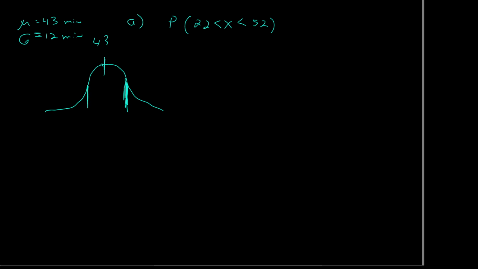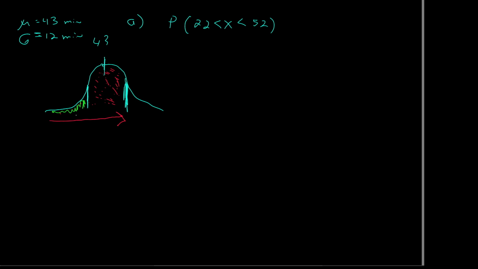Now, I'm going to lightly color in the area of the curve that we'd get if I just looked at the z-score for 52. I'd get the area under the curve to here. And if I just looked at the z-score for 22, I would get the area here.